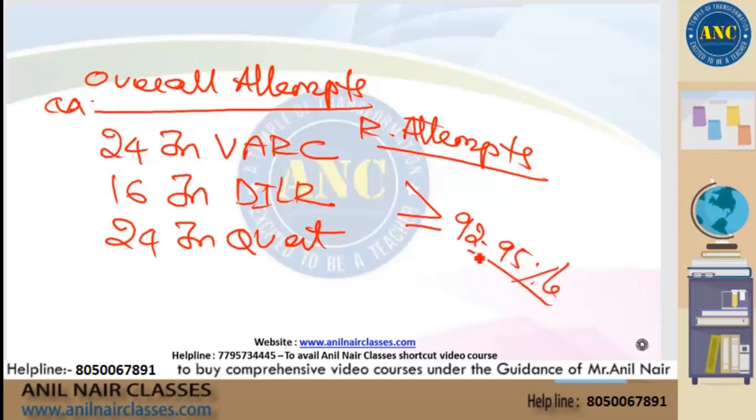This is my experiential observation: 24 in VA and RC, 16 in DI and LR, 24 in quant.